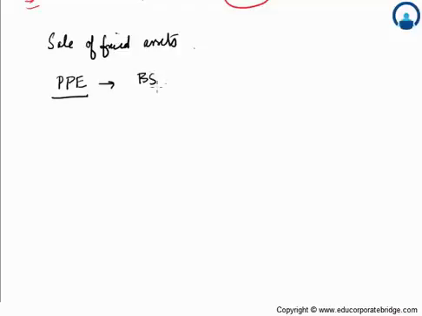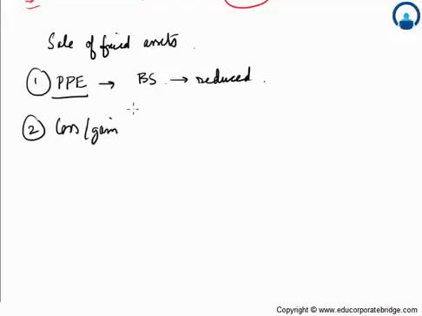Now disposal of fixed asset is again a very unique and important case, because when we talk about fixed asset, a sale of fixed asset leads to two things. One, your property, plant and equipment which is on the balance sheet gets reduced. That happens, number one. And second, the corresponding loss or gain due to the sale of fixed asset flows through the income statement.